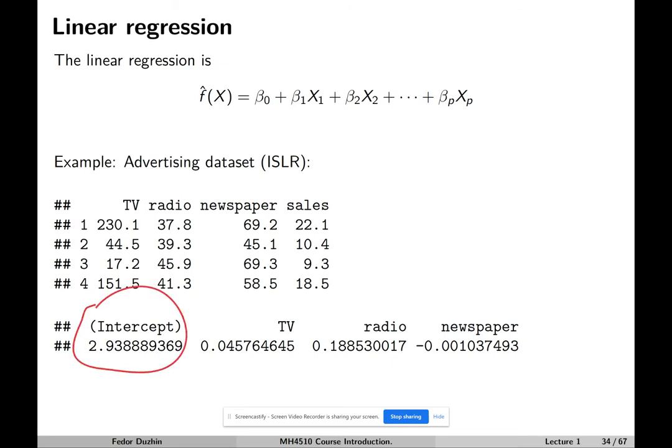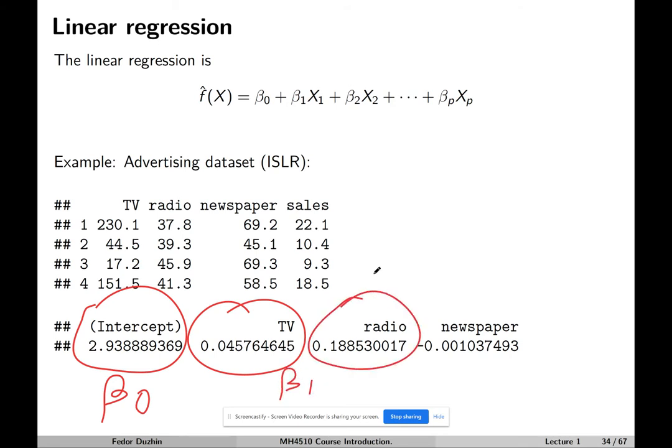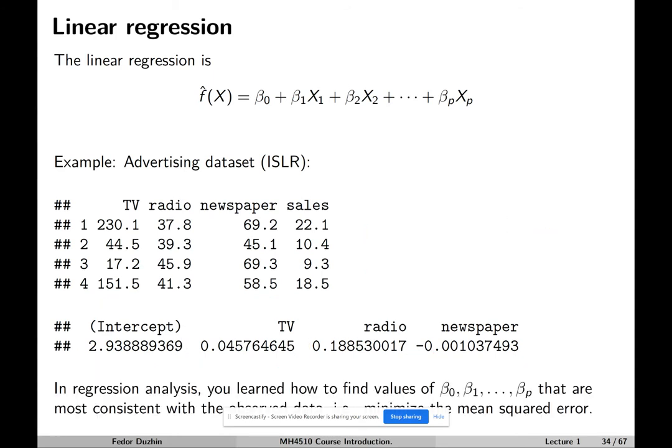So this intercept is beta 0, this TV is going to be beta 1, this is going to be beta 2, and this newspaper is going to be beta 3. You also learned how to do it theoretically. We will review it in the next lecture.